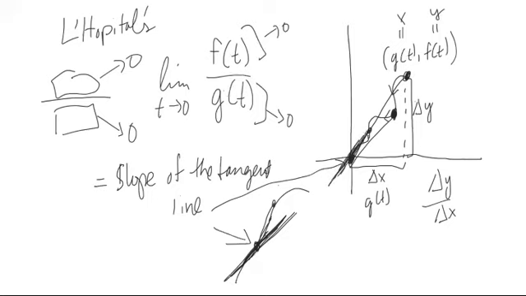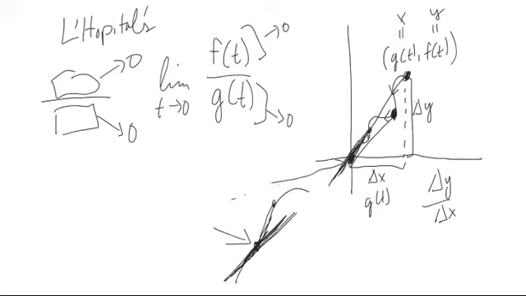So how do we do that? How do we get the slope of the tangent line right there? Well, what we want is how much is f changing over how much is g changing?